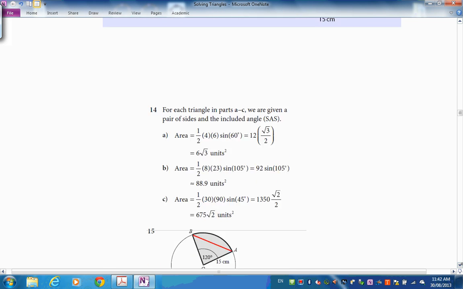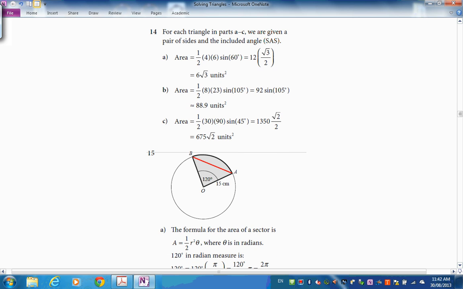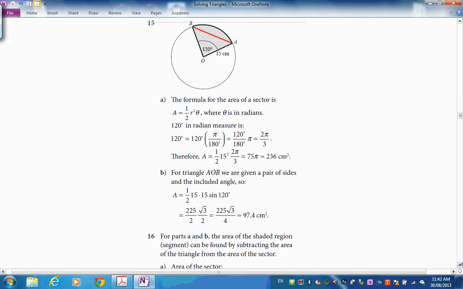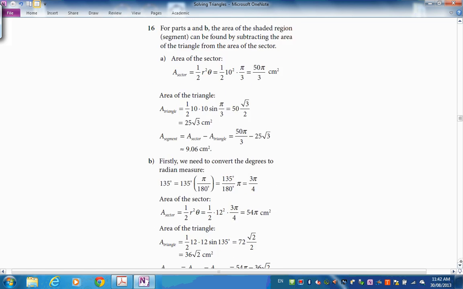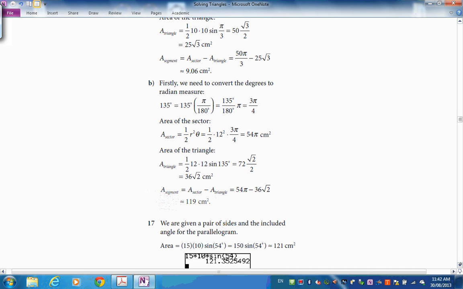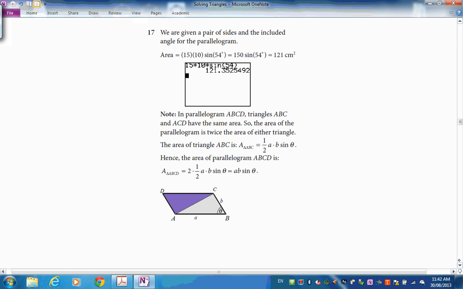Okay, so we've got some solutions here. 14 and part of 15, just check them out. 16, almost, we'll do the rest of that in a minute. B, and then going on to 17. Okay, so that's been good.